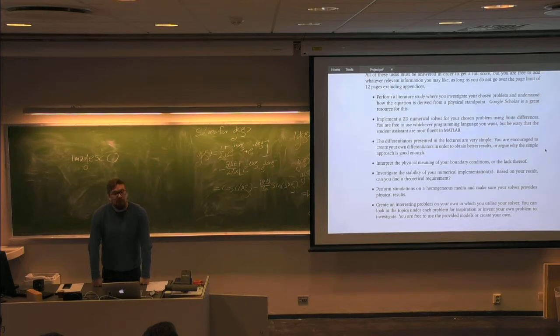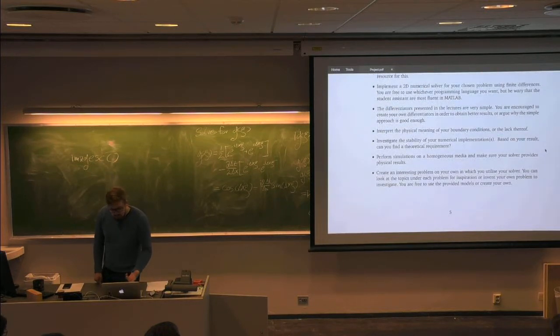Again, most of the differentiators I presented are fairly simple, so I encourage you to try to have larger differentiator operators by using the theory we've gone through, or you should argue why this simple operator or this short operator is enough to solve your problem.